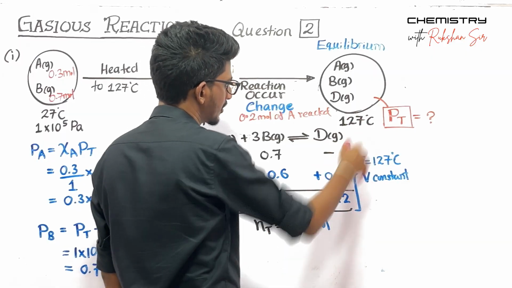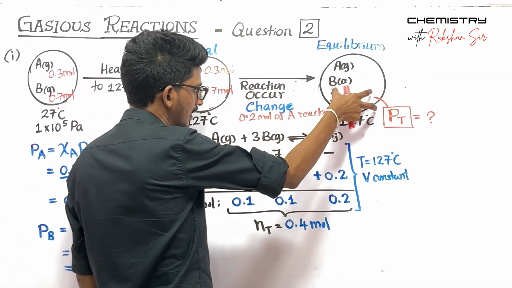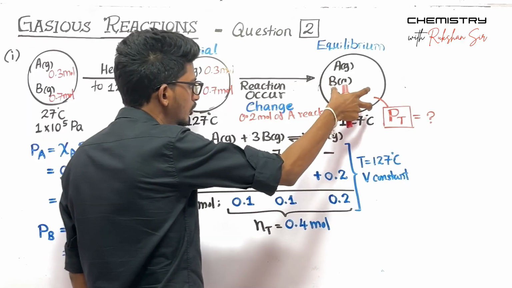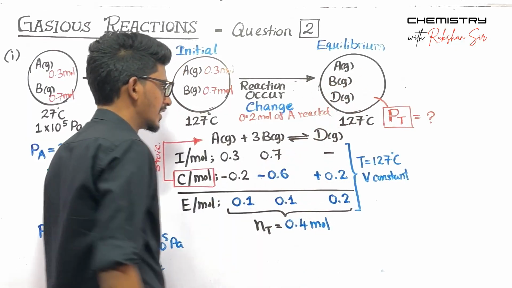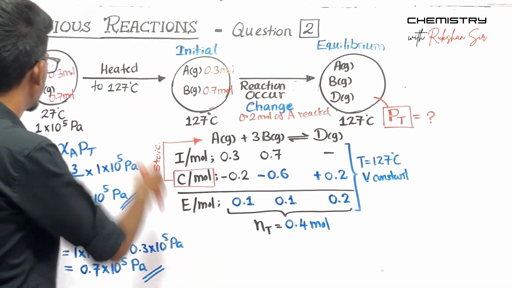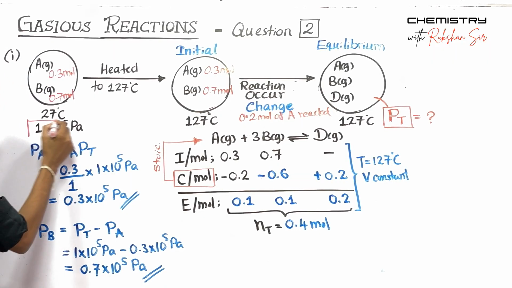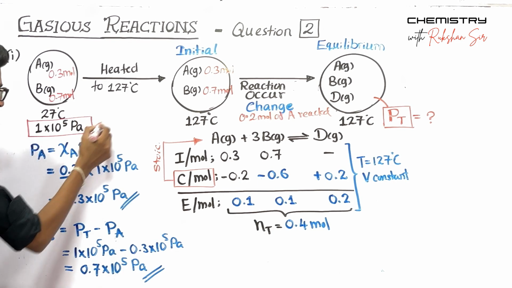In this case it is pressure. You have to relate this system with a system where you actually know something about pressure. So out of these three systems, you know the pressure at this system.